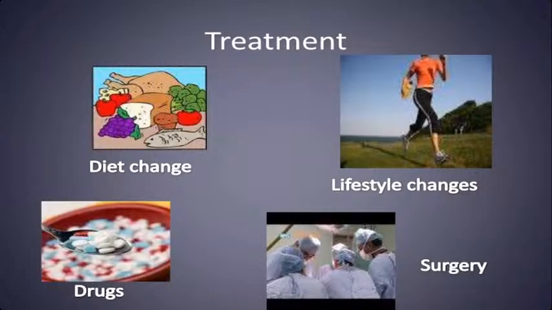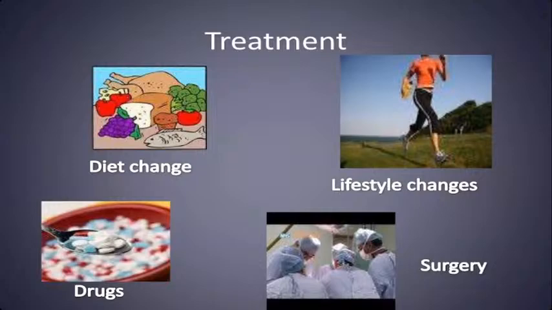So treatment uses many modalities. Remember, we don't quite understand what the etiology is. If we did, probably a cure would be easy to find. So many things are used in order to manage the disease. So dietary change, because some diets are triggers for inflammatory bowel disease.